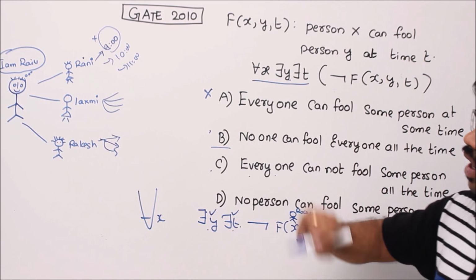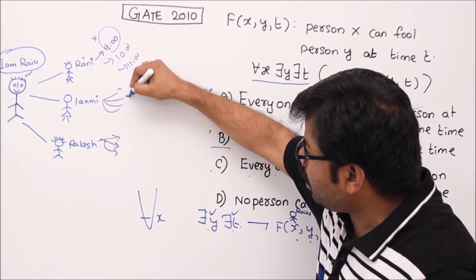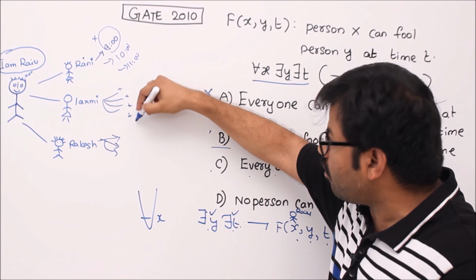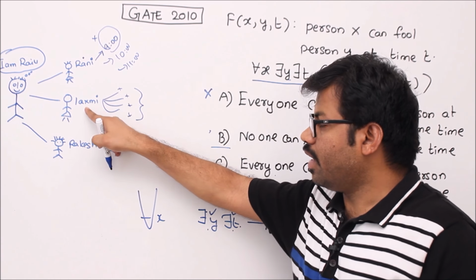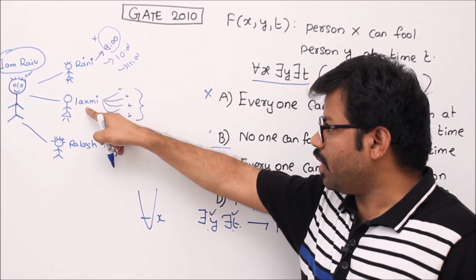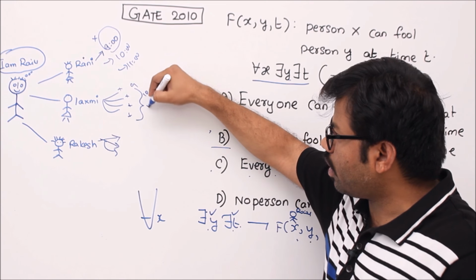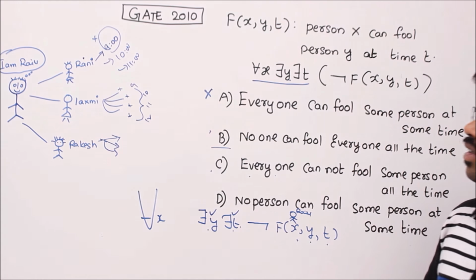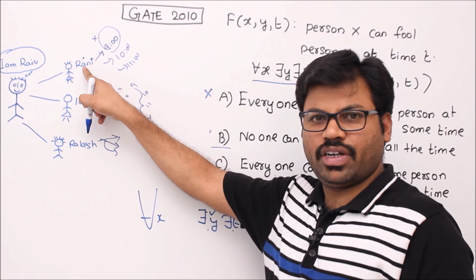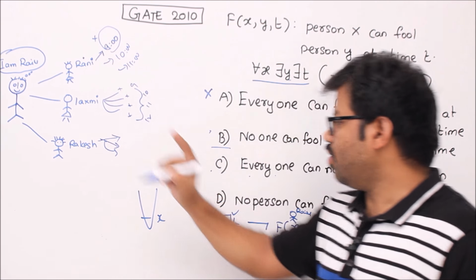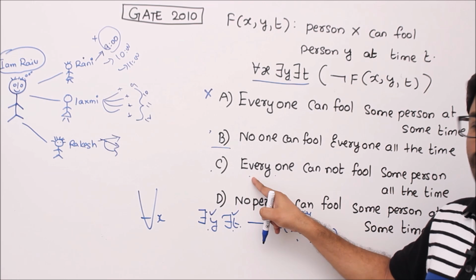Is it true? Raju can fool Lakshmi all the time. Just an assumption, because we have the option for Lakshmi, right? So let's say Raju fools Lakshmi every time, 9 o'clock, 10 o'clock, every time. Then still Raju cannot fool some person at some point of time. I am not violating it. Now, this option will become wrong.